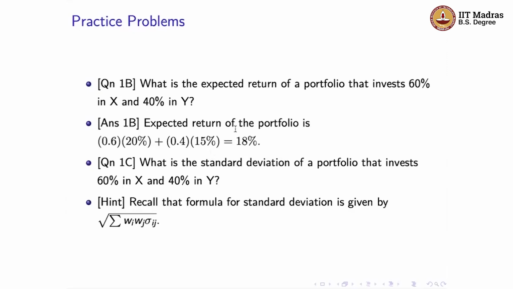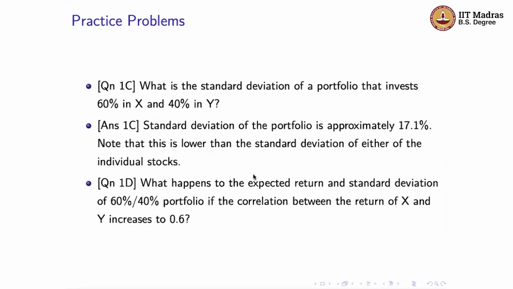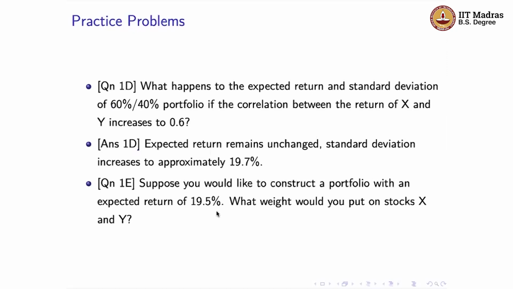So if the correlation changes, that's not going to affect the expected return of the portfolio. The answer is still the same. However, if the correlation changes, we will have the standard deviation changing, right?